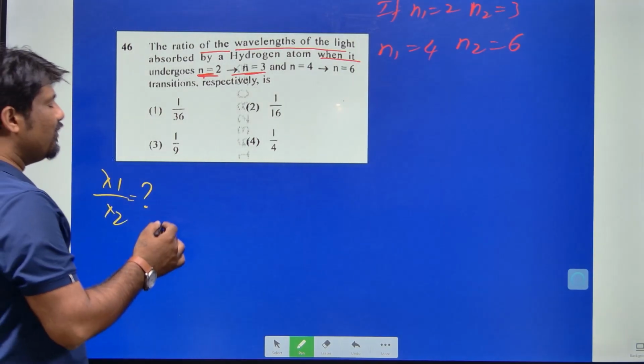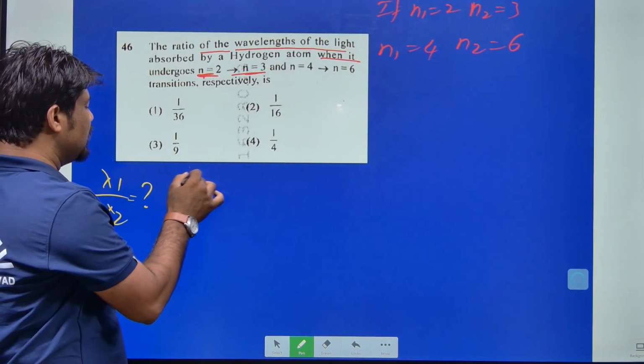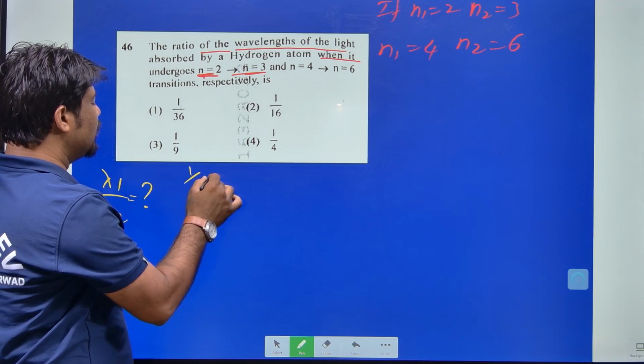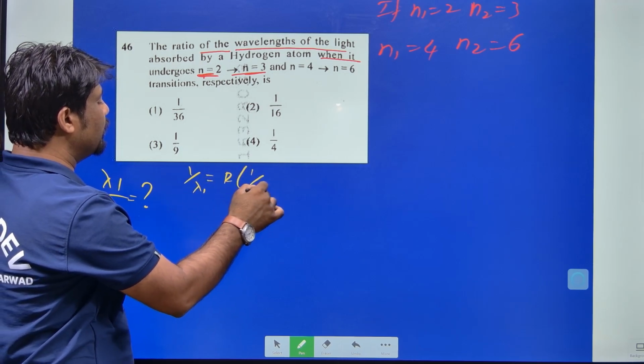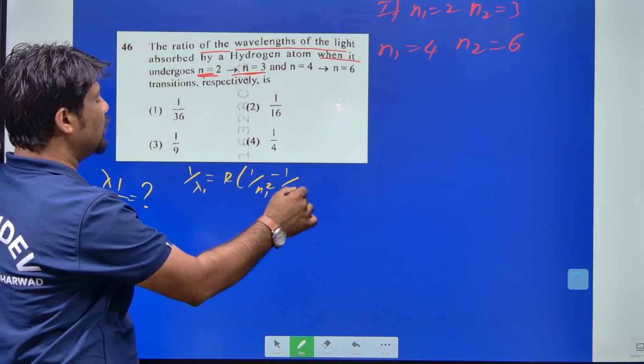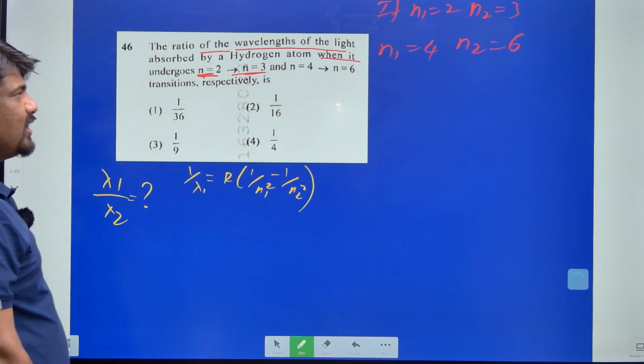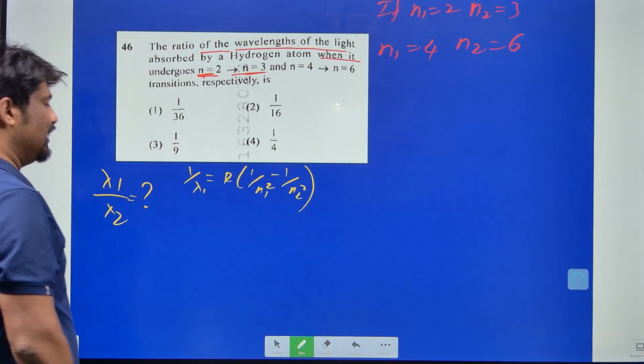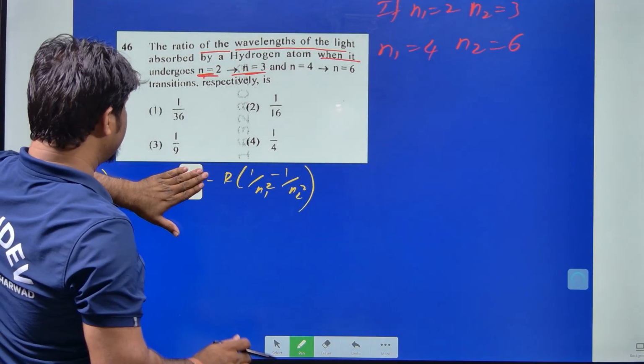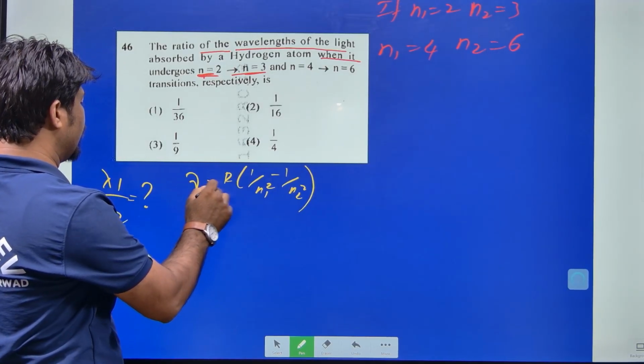So this lambda value I can calculate by using the Rydberg equation, that is 1 by lambda equal to R into 1 divided by n1 square minus 1 divided by n2 square. So I can solve it easily. I take 1 by lambda 1 as nu bar 1.